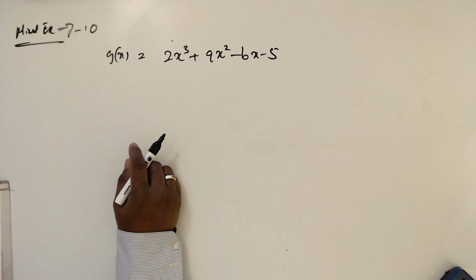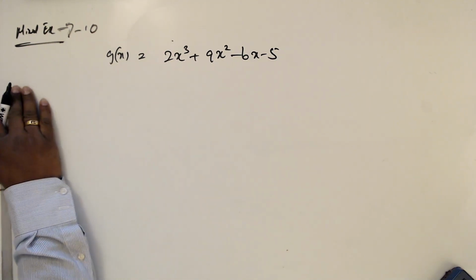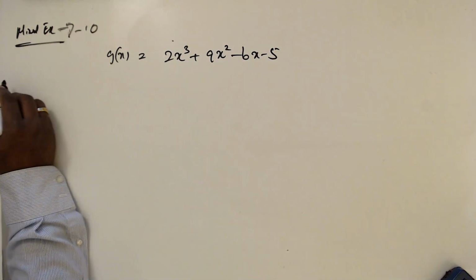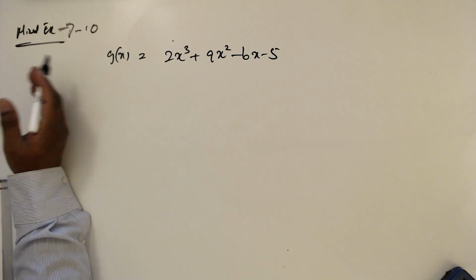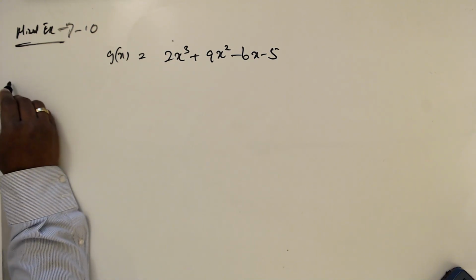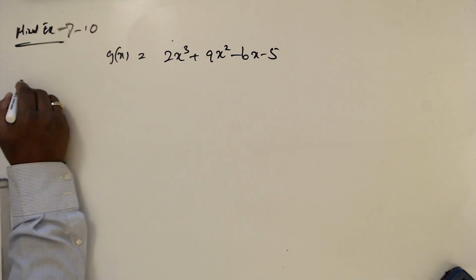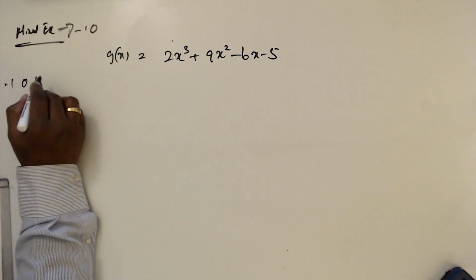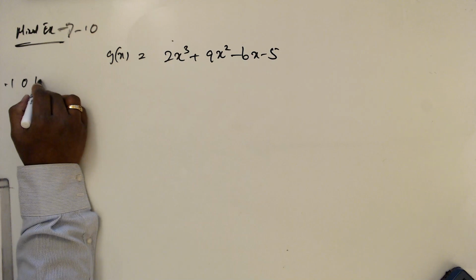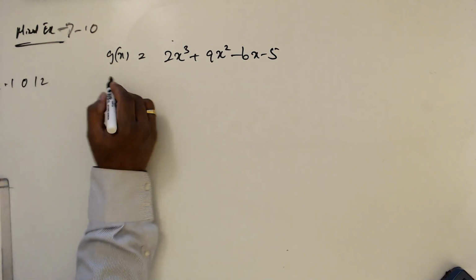Question number 10, we have to factorize. We don't know what the factors are, so we have to do trial and error checking. So 0, 1, minus 1, 2, minus 2, like that.